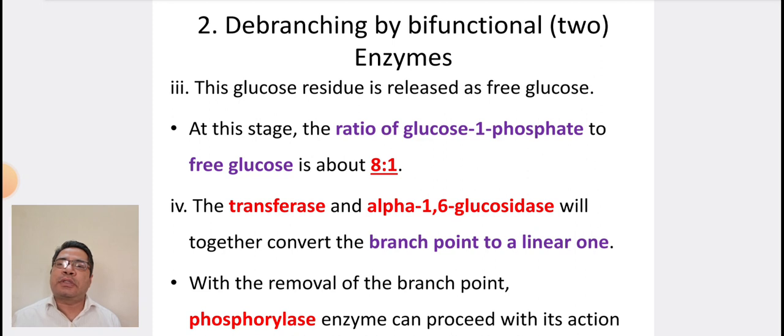At this stage, the ratio of glucose 1-phosphate to free glucose is about 8:1. The transferase and alpha 1,6 glucosidase will together convert the branch point to a linear one. With the removal of the branching point, the phosphorylase enzyme can proceed with its action.